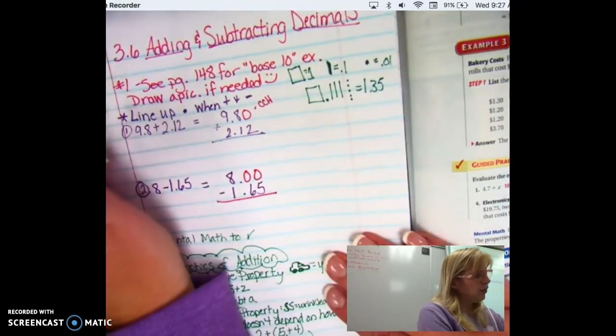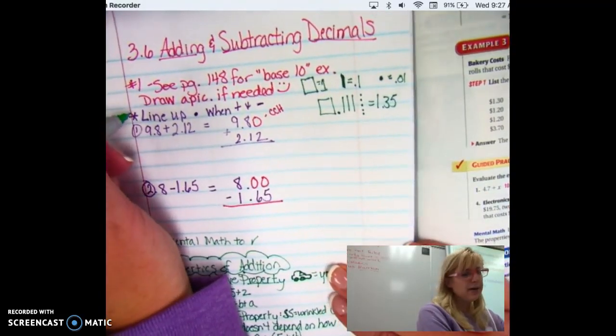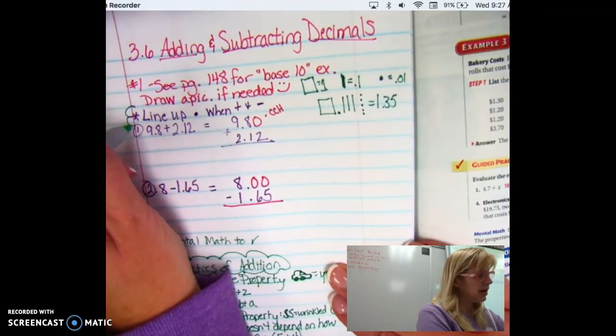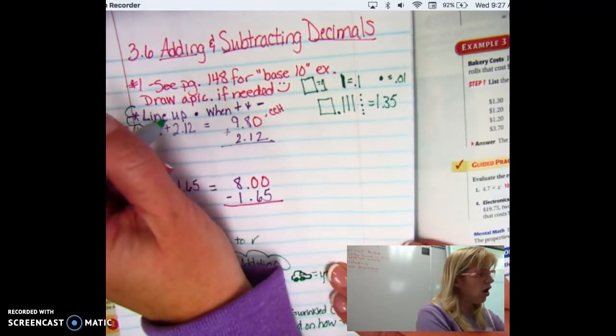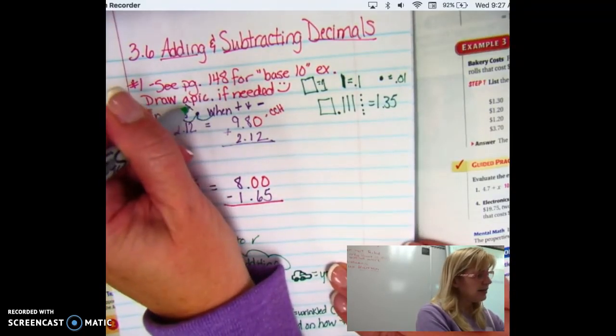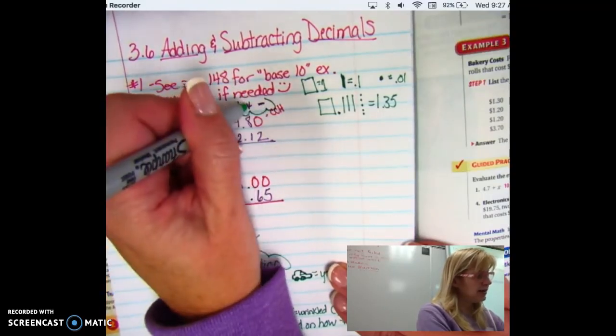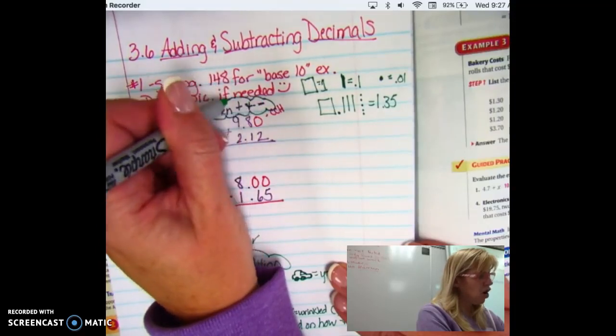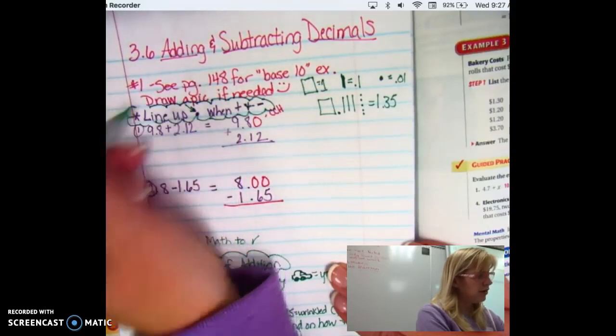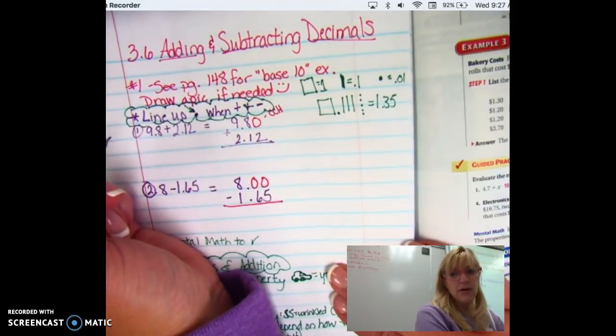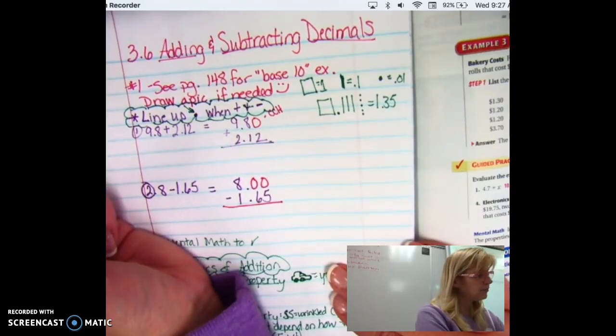The basic rule we are going to talk about in adding and subtracting decimals is you always line up the decimal. When you're adding, this is an and, subtracting. Always. If your decimal is not lined up, it will not work out.